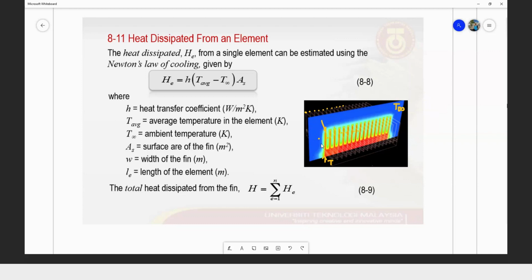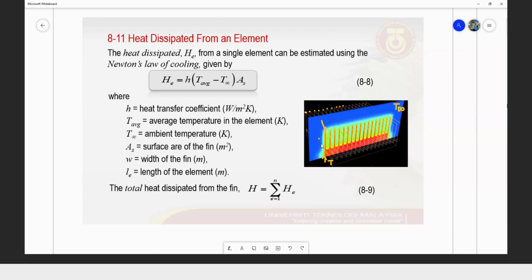So now let's look at this heat dissipated from an element. It says that the heat dissipated H from a single element can be estimated using Newton's law of cooling, given by equation 8a. So the heat dissipated H is equal to the heat transfer coefficient from the convection multiplied by the temperature difference. So we have the average temperature minus the convection temperature, the infinity or ambient temperature.